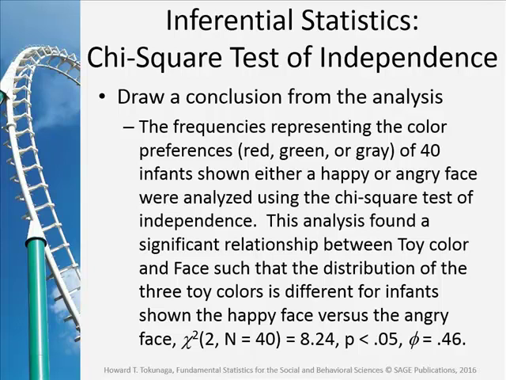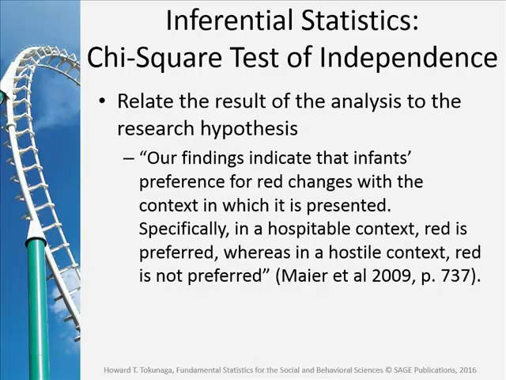For infants shown the happy face versus the angry face, our findings indicate that infants' preference for red changes with the context in which it's presented. In a hospitable context, happy face, red is preferred. In a hostile context, again, these are infants, like, you're being mean to a baby, red is not preferred. Babies, when they're happy, like red.